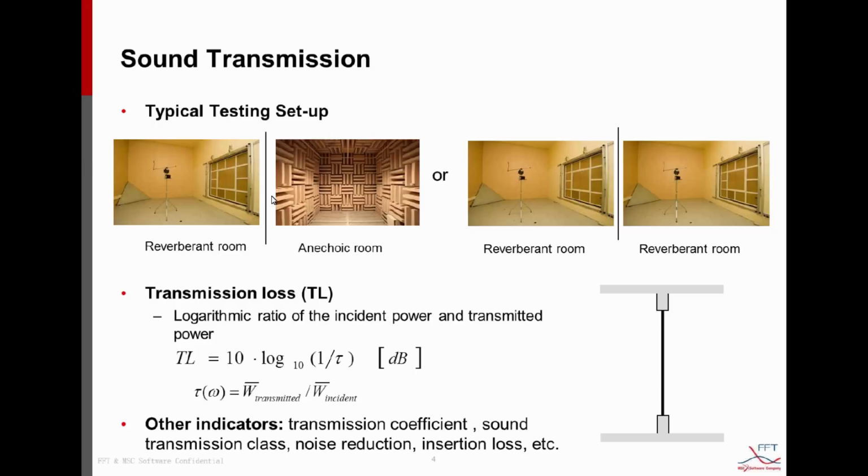This is typically set up for testing the transmission of automotive panels. And in construction, sometimes we have the case where two reverberant rooms are placed one next to the other with the tested panel placed in between them.